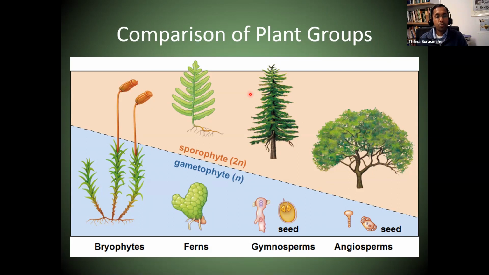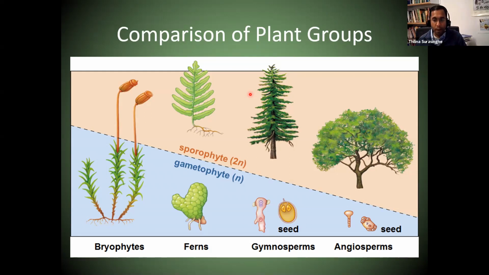But if you move to flowering plants, and any form of seed plants, well, it's the opposite, right? The sporophyte is going to be large. Sporophyte is more prominent. Gametophyte is extremely small in size. In the life cycle, the gametophyte has a shorter lifespan.